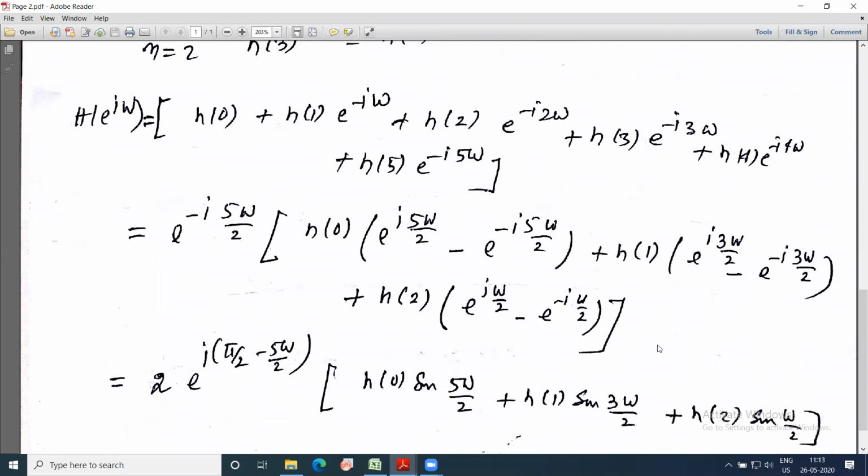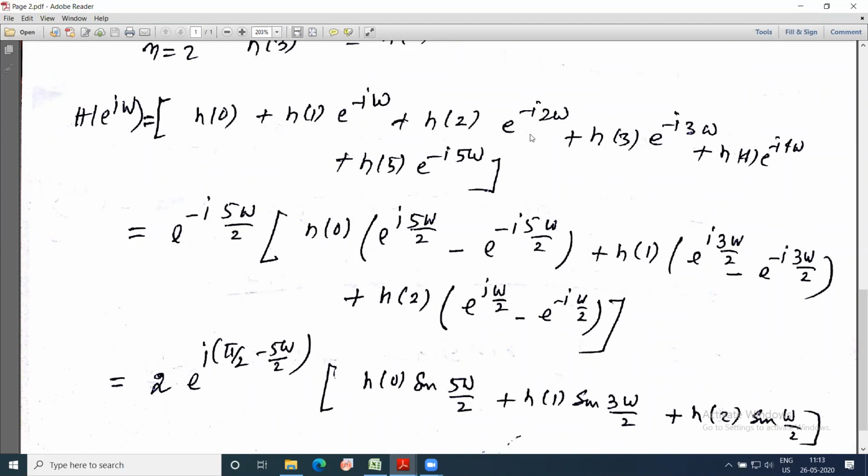Now if I look at the term h2 into e power minus j2 omega, if you multiply h2 into e power minus j omega by 2 into e power minus j5 omega by 2, this corresponds to h2 into e power minus j2 omega, because of minus j5 omega by 2 plus j omega by 2.